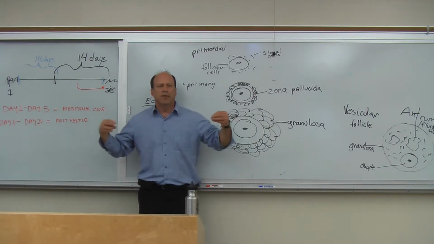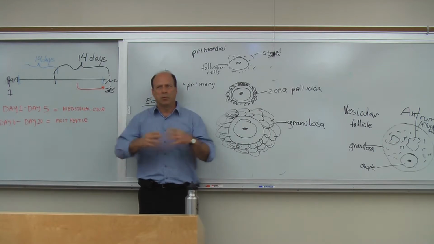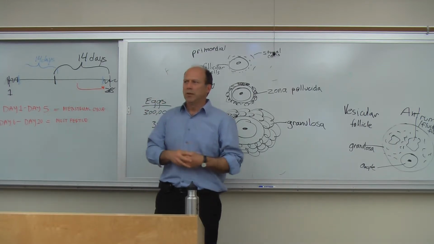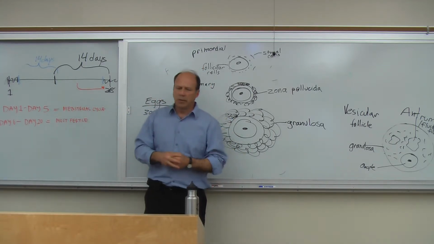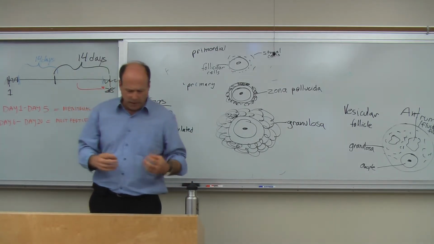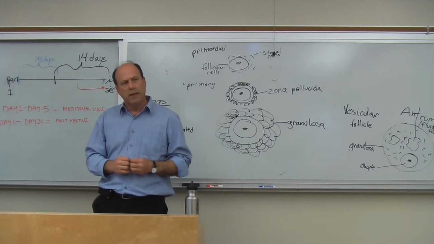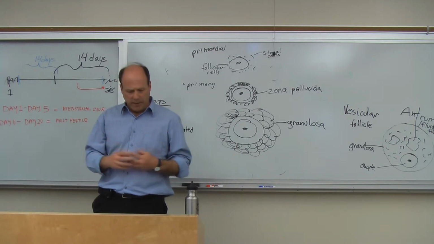When you want to have cells being able to move through something, you want to have it be mostly water, so you produce hyaluronic acid or hyaluronin, and there's a lot of hyaluronin around this corona radiata, and so the sperm actually also are producing a hyaluronidase. So they're helping to break that down.